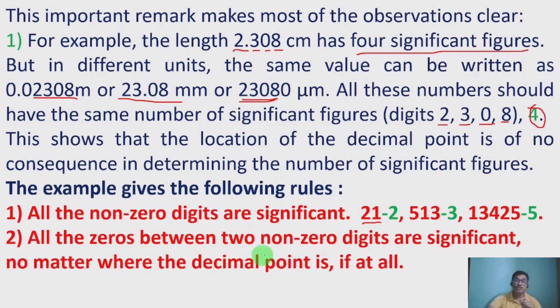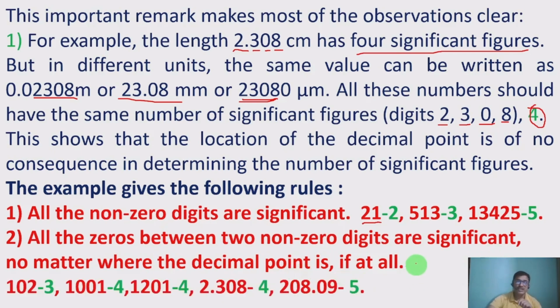all the zeros between two non-zero digits are significant, no matter where the decimal point is, if at all. Here, the zeros between the two non-zero digits are significant, no matter where the decimal point is.